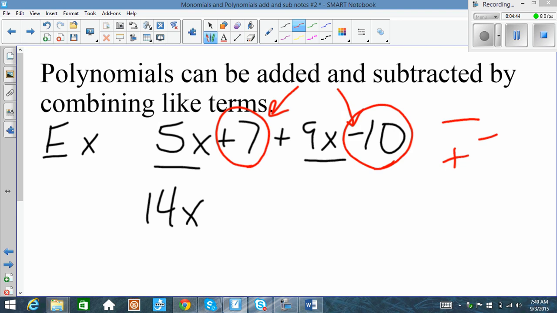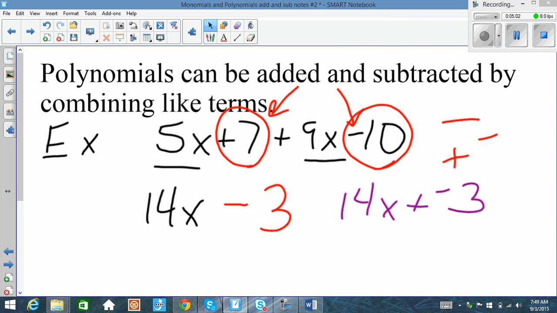So together that makes a negative 3. And so we're going to add a negative 3 to this, or you can just say it's a minus 3. Or if you wanted to, you could also end up with 14x plus a negative 3. Either one works.